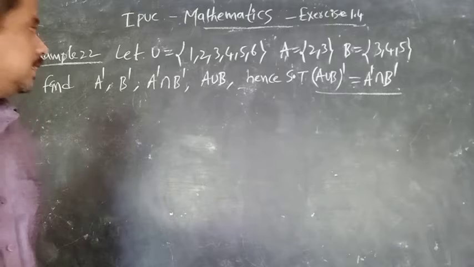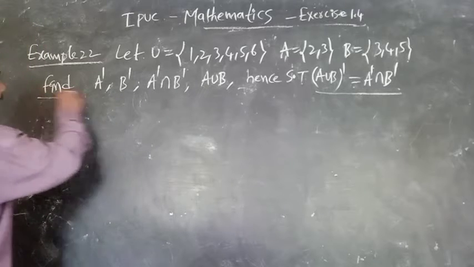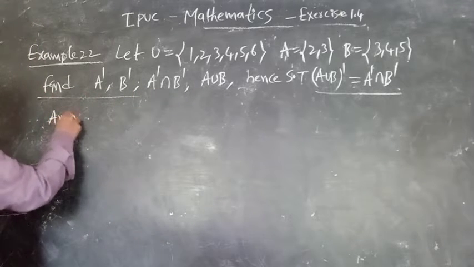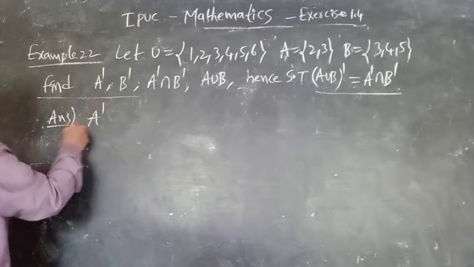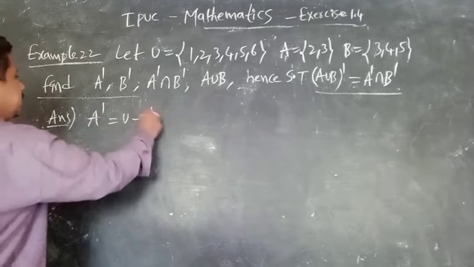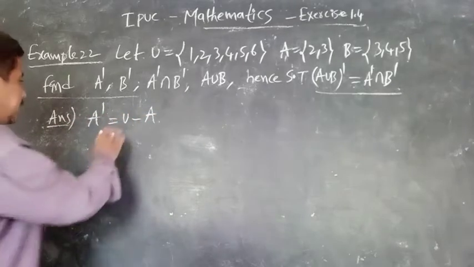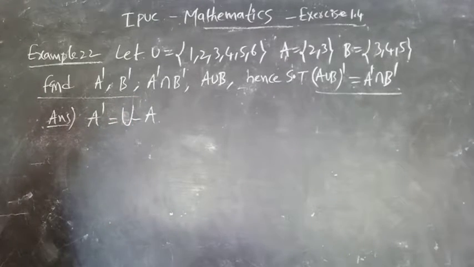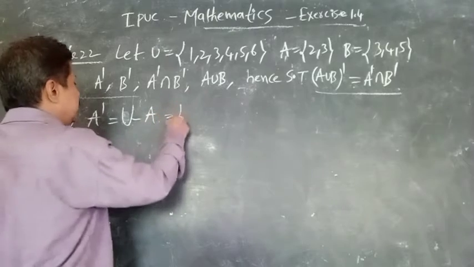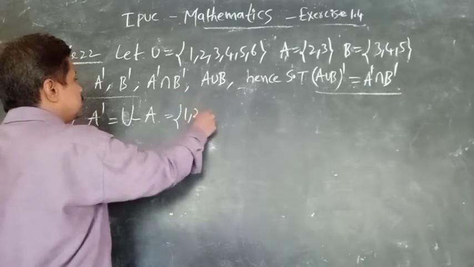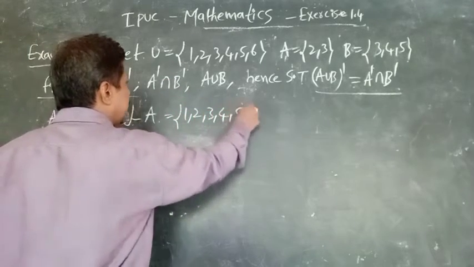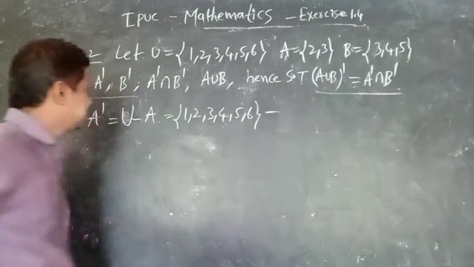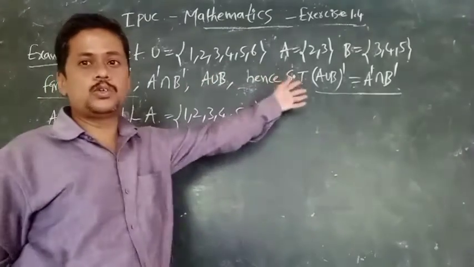First we have to calculate A dash. You know the formula: A dash equals U minus A. U is 1, 2, 3, 4, 5, 6 minus A, which is 2, 3.